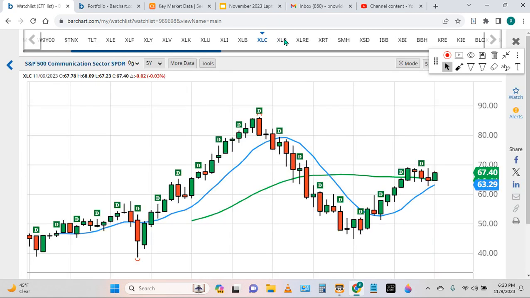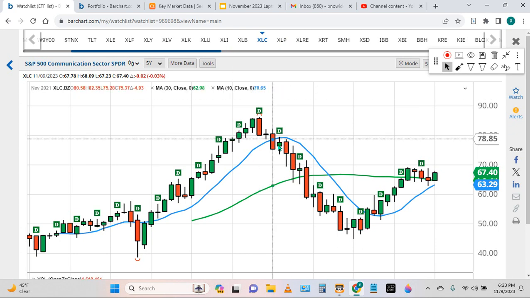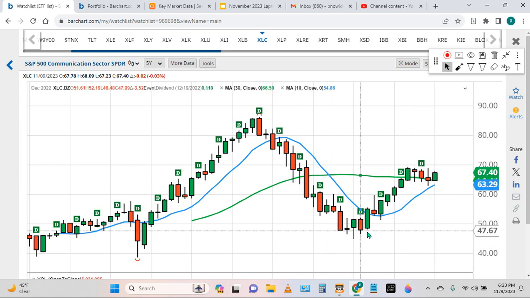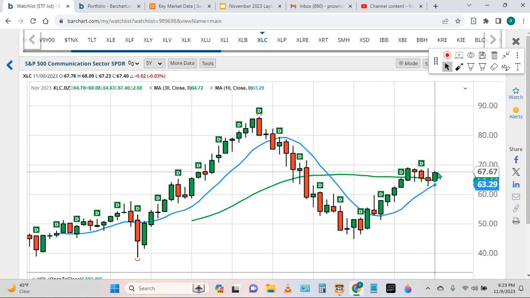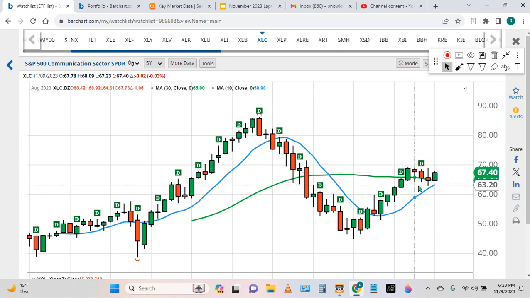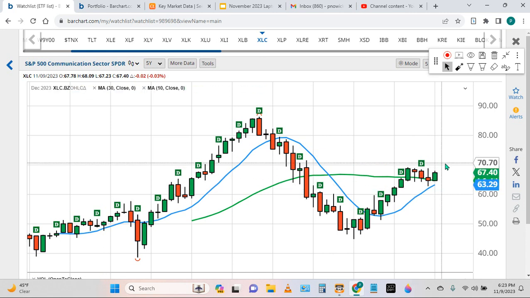Symbol XLC, which is communications, started selling off early in September 21, a massive sell-off in communications, and then 2023 has been a great year for communications companies and service companies like Meta, and some other companies that deal with communications.